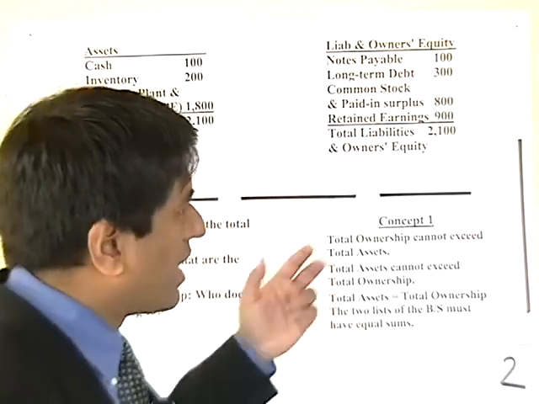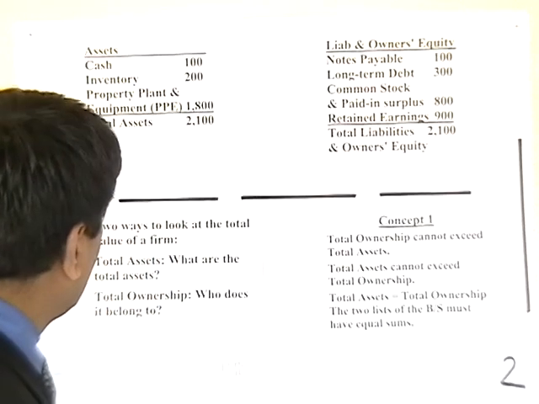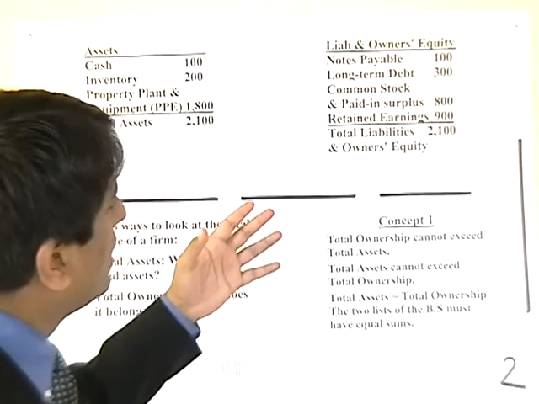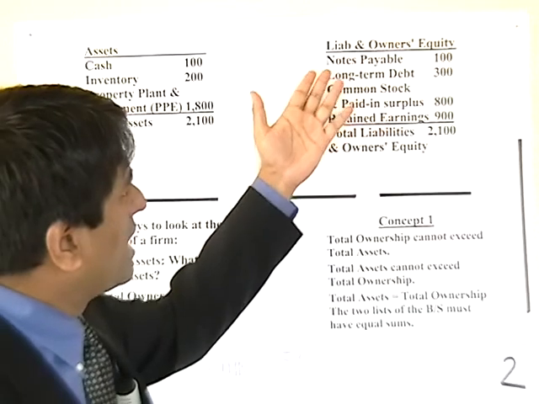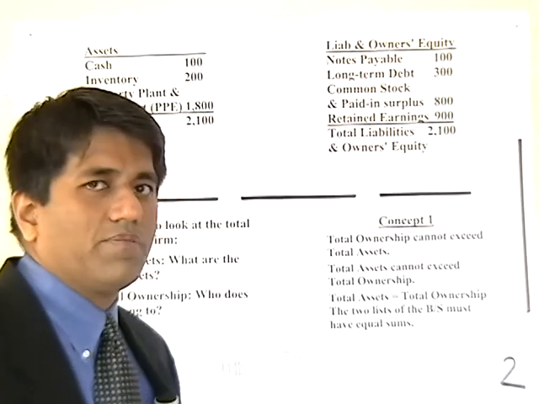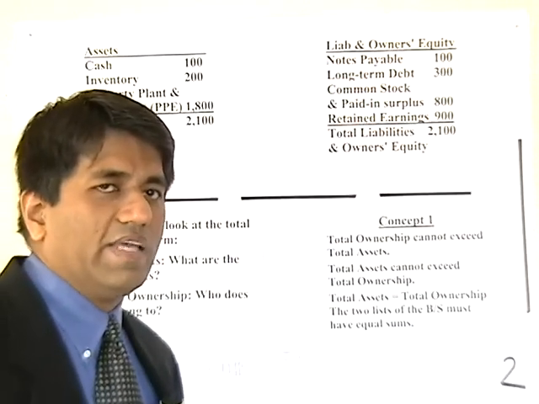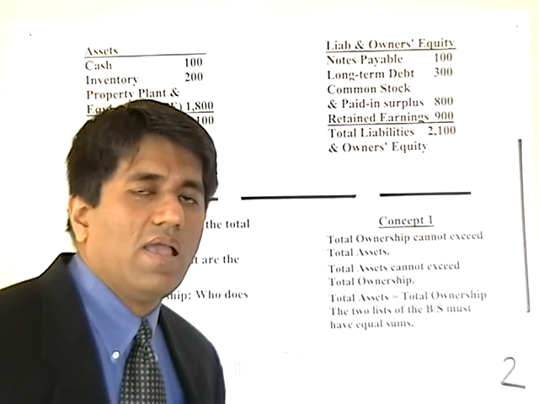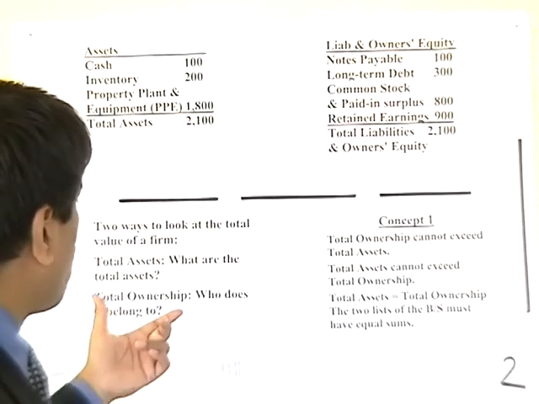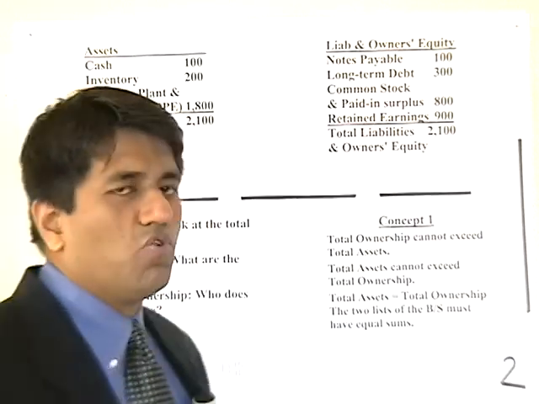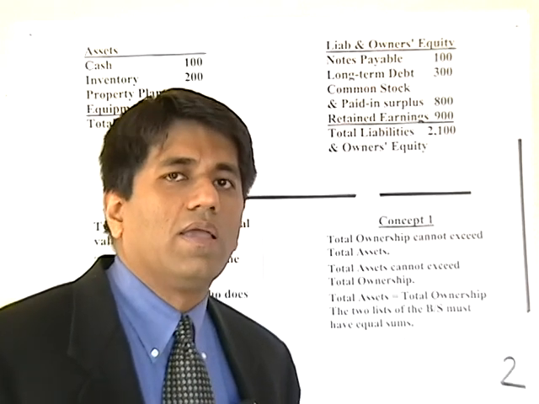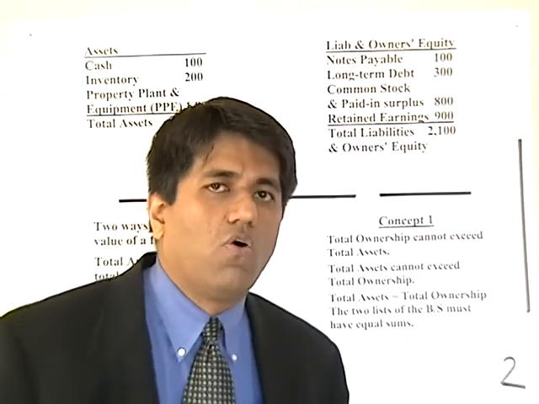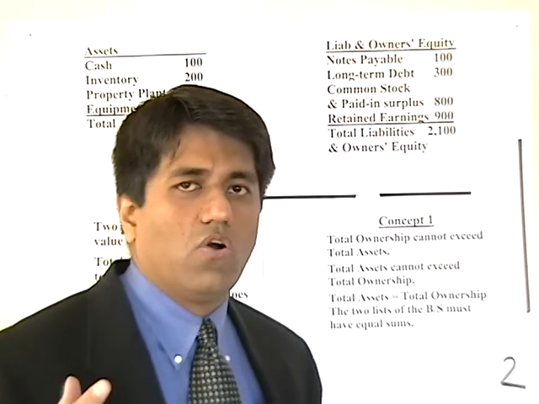Now the list on the right side is named liabilities and owner's equity. So what is this list? This is actually a list of owners of the firm. Who are owners of the firm? Normally when you think owners of a firm, you think of equity holders.